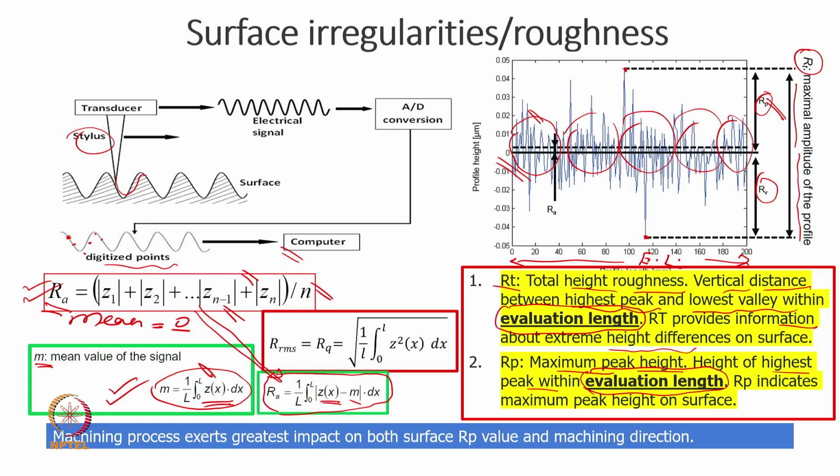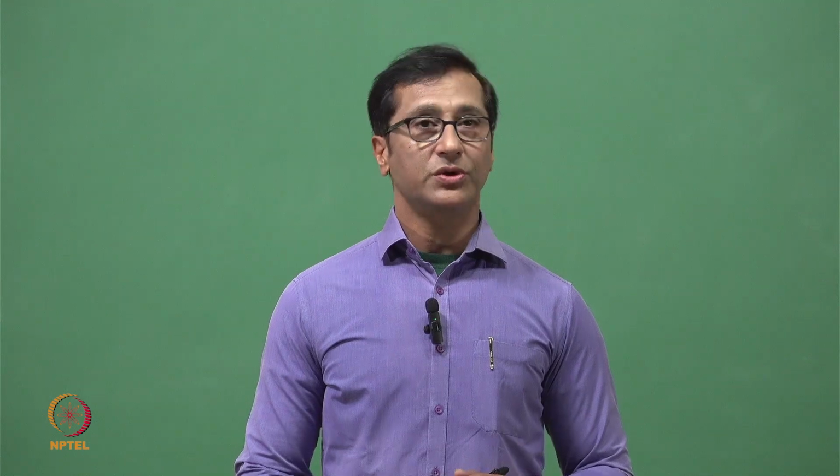So here I'm using the word sampling, not evaluation length. This is the sampling length, not the evaluation length. And here Rt has been calculated based on the evaluation length, and Rp is on the evaluation length. These are the important aspects to consider.